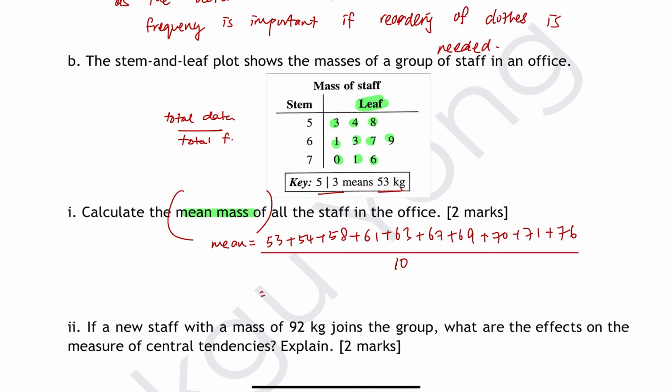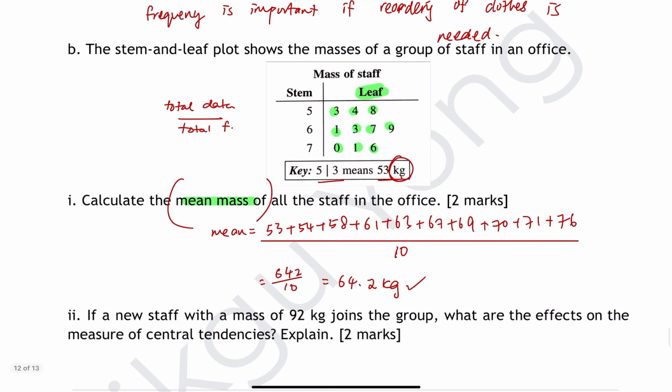Okay, and just use your calculator again. 53, 54, 58, 61, 63, 67, 69, 70, 71, 76 divided by 10. You have 642 over 10, and you are getting 64.2. This is your kg. Make sure you put back your unit to get a complete answer.